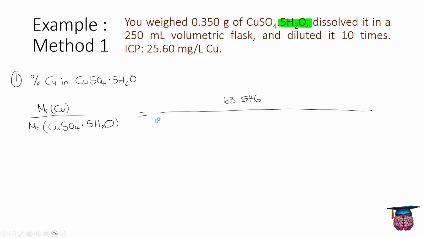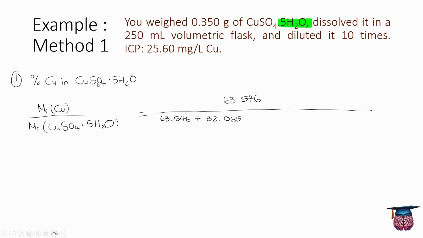To calculate the molecular mass of our entire compound, we start off and see that we have copper, and we only have one of those. So we add the molar mass for copper. We then have sulfur, and we only have one of those, so we add the molar mass for the sulfur.